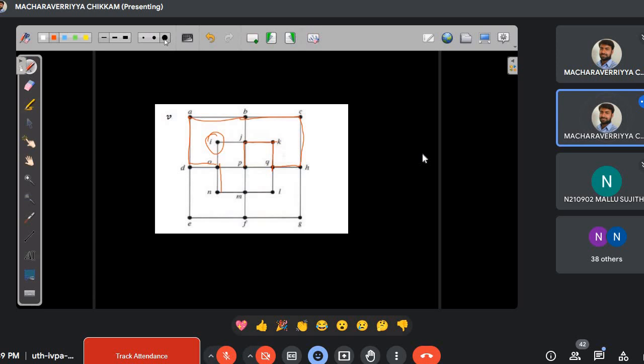Okay, so we have vertices of degree 4. How many? 1, 2, 3, 4. So whatever path you construct which passes through all vertices of the graph needs to visit at least one of these degree 4 vertices more than once.